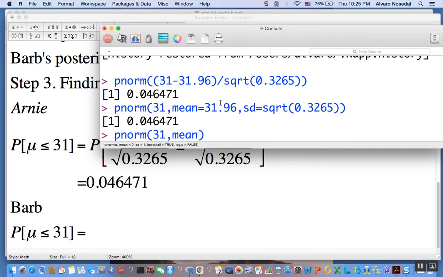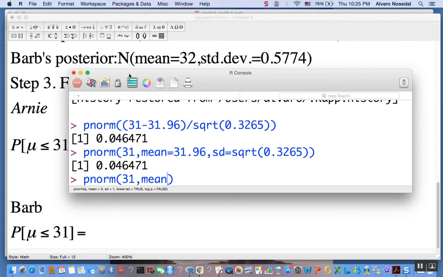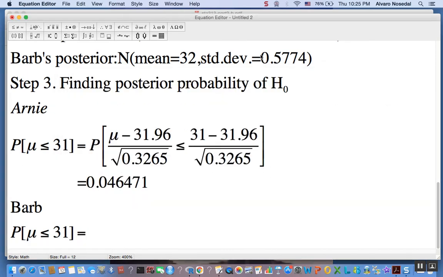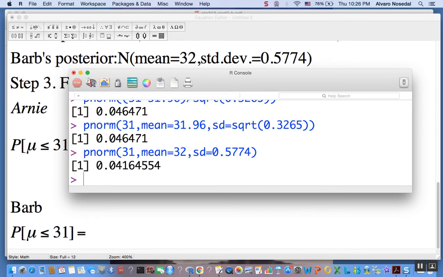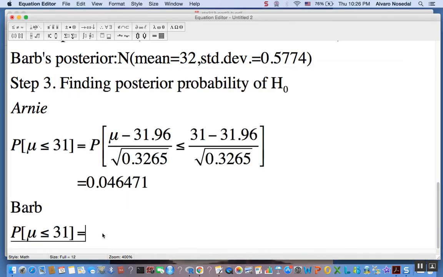In this case, the mean is 32 for Barb. And the standard deviation, in that case, we have directly the standard deviation. So it's just 0.5774. And note that we end up with basically the same posterior probability for the null hypotheses.